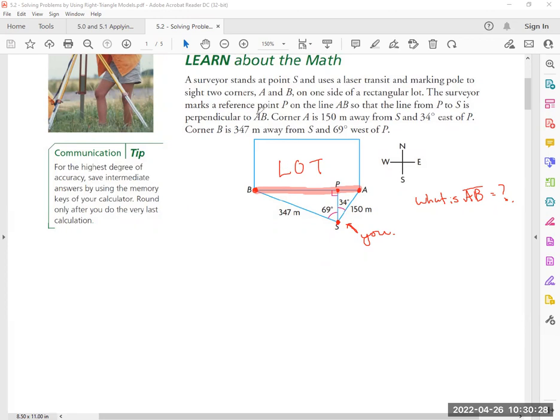Well, you might have begun with the thought process of, whoa, that's not a 90 degrees. I can't do anything with that. However, that's the whole point. In blue, I will color this as one triangle. And in green, I will color this triangle.